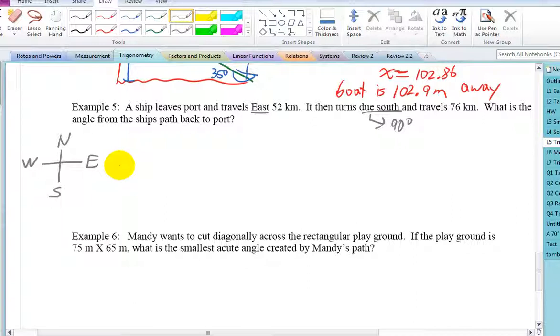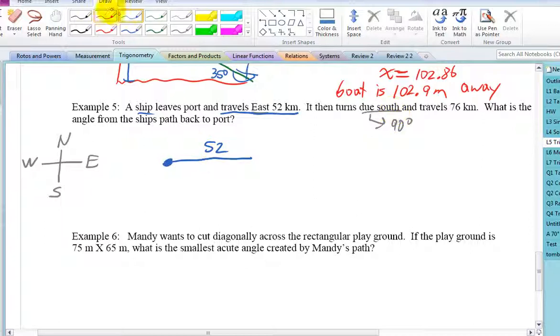Any questions? This question, for a ship, make a dot. Put your pencil down. Make a dot. Did you make a dot? Then it travels east, 52. That's this direction, 52.